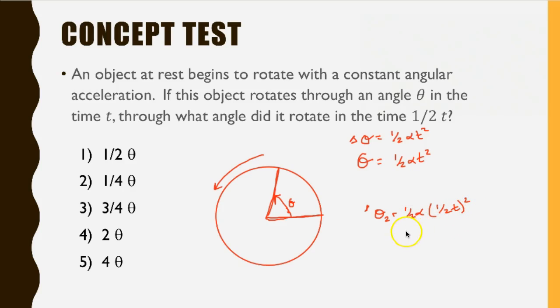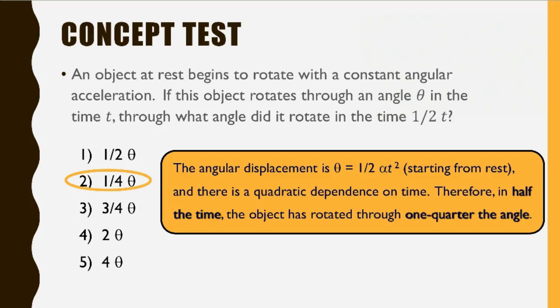Well, if I factor all this out, I get 1/4 times 1/2 alpha t squared. That equals theta 2. Well, this quantity here was just theta 1, right? So that means I will have rotated 1/4 of the total distance that I would in the total time t. There you can see a good explanation of that.